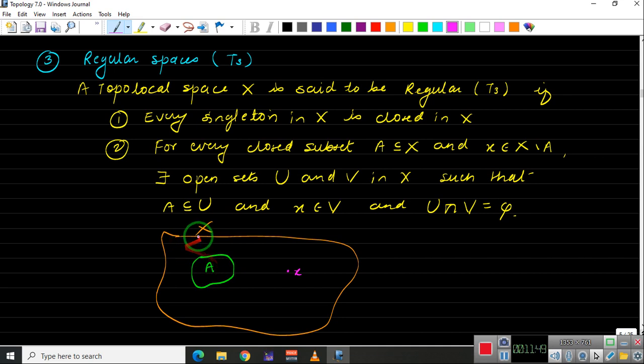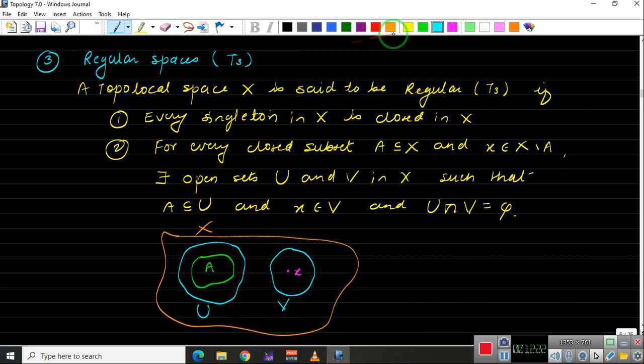It says there exist two open sets in X such that one open set will contain A and another open set will contain x. So this is our U and this is our V.